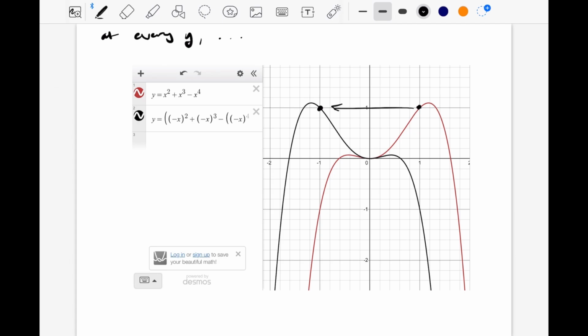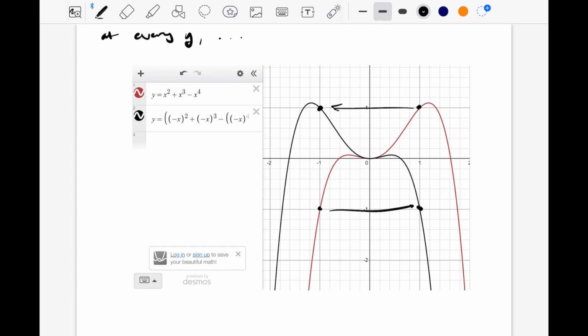Oppositely, at negative 1, we're taking the value of 1. So we're going to have this point right here. So we're flipping not up and down, but left and right. And that is the main difference. That at every single y value, we are actually taking the negative x value of our original graph.